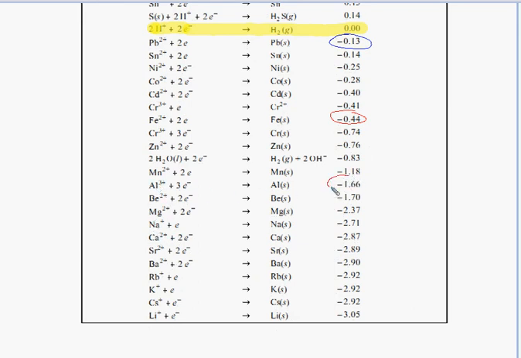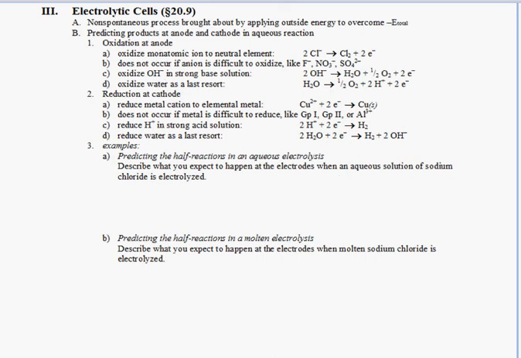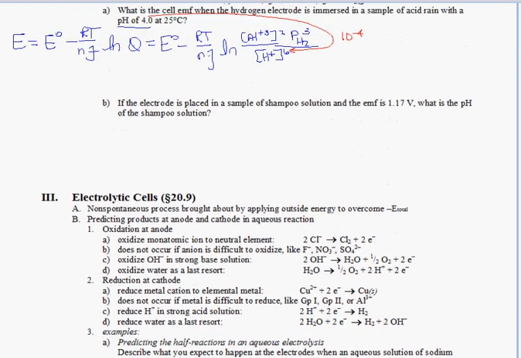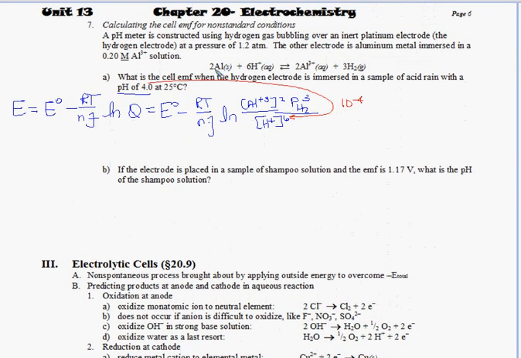As reduction, it's a negative 1.66. As we look at our reaction, we are not using aluminum as reduction. We're actually using it as oxidation. So we're going to take a positive 1.66 with our reference cell, which is 0, and come out with an E naught of positive 1.66.